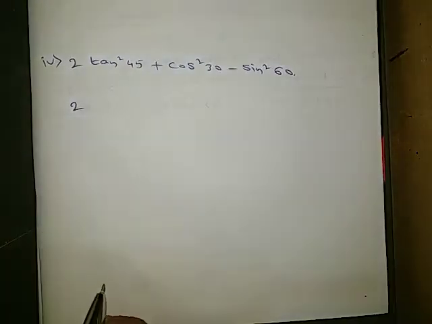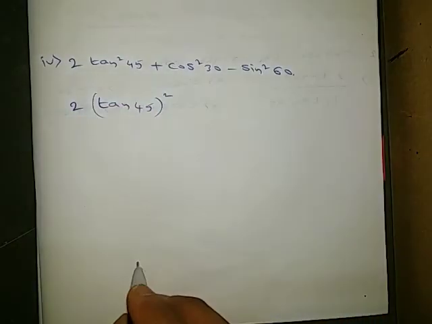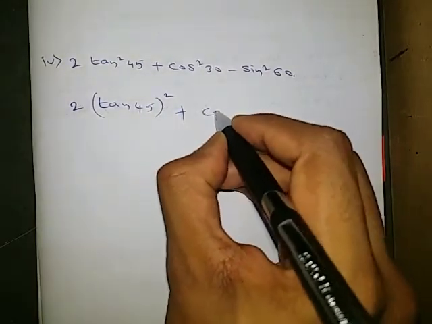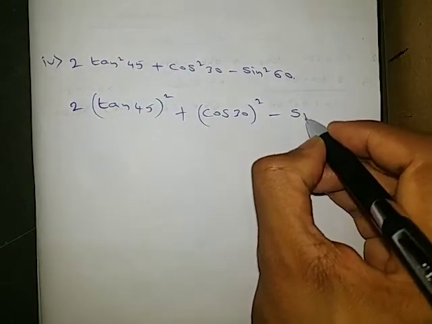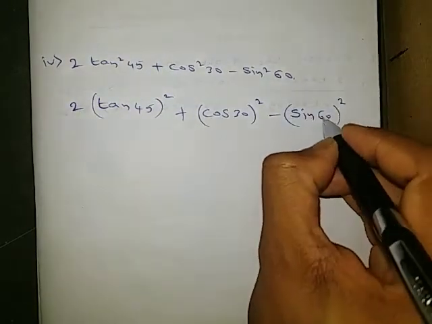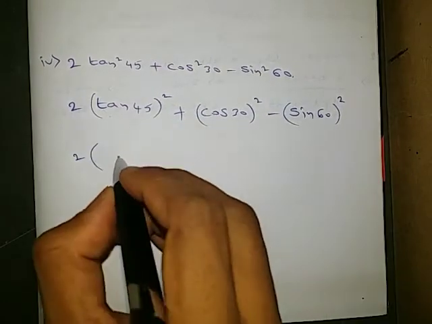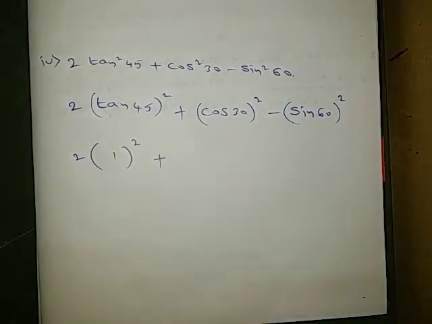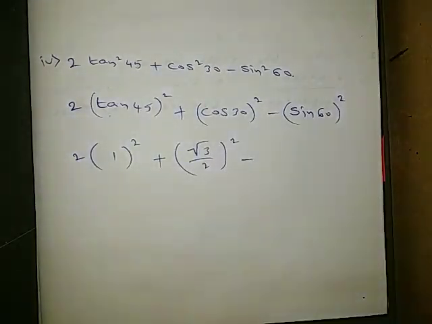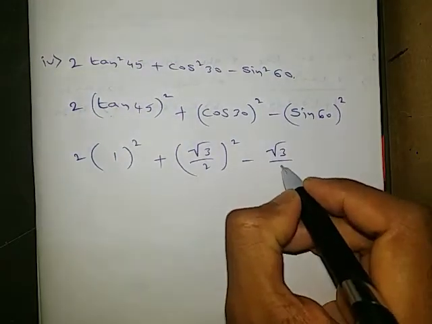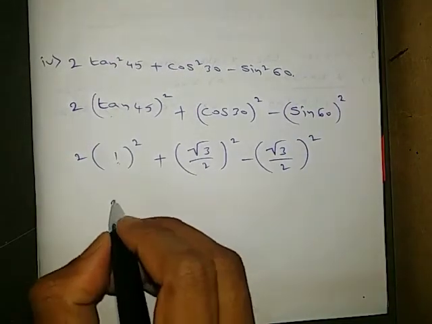So 2 tan square 45 is 2 into tan 45 whole square, plus cos square 30 is cos 30 whole square, minus sin square 60 is sin 60 whole square. 2 into tan 45, which is 1, square, plus cos 30, root 3 by 2, whole square, minus sin 60, root 3 by 2, whole square. 1 square is 1, 1 into 2 is 2, plus.